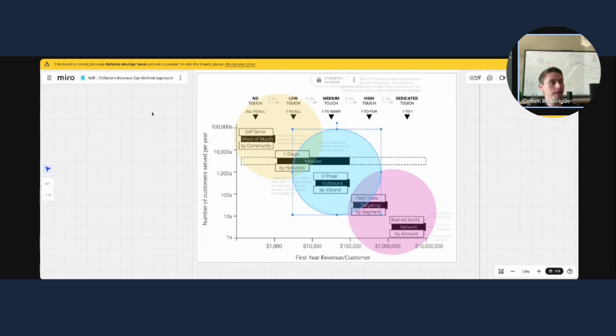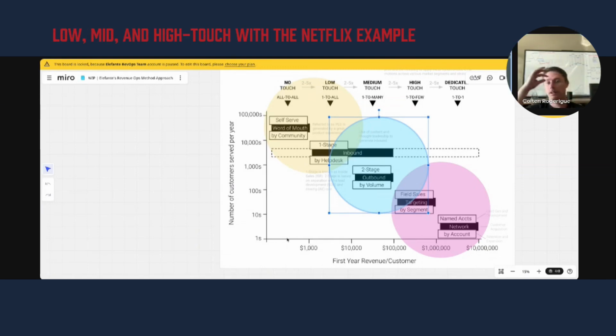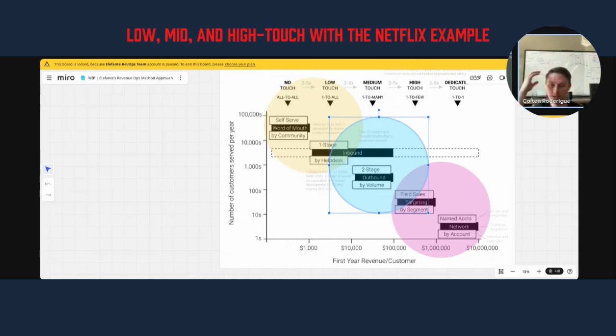And then as we go up, how we use this x-axis and y-axis is the following. With a no-touch go-to-market motion, typically the price of the product is below $1,000. Let's think of Netflix, for example. You sign up for a Netflix subscription, you don't ever talk to a human being. It's like $10 or however much it costs in your country.